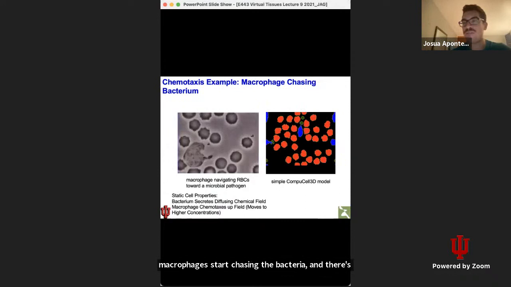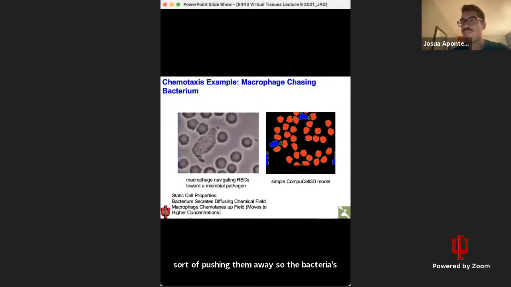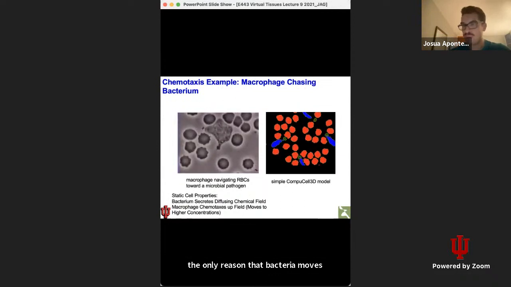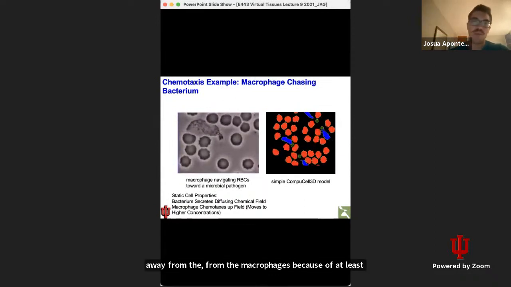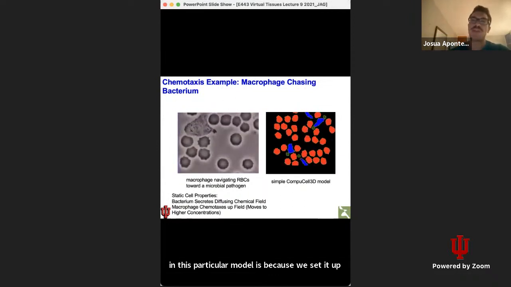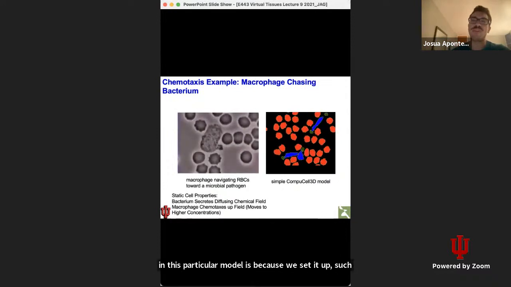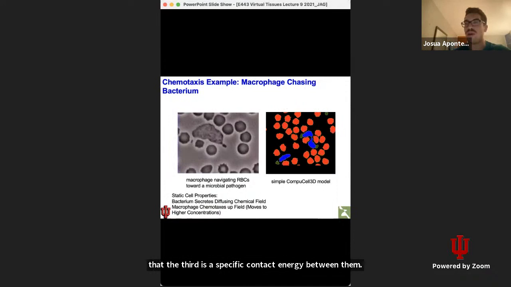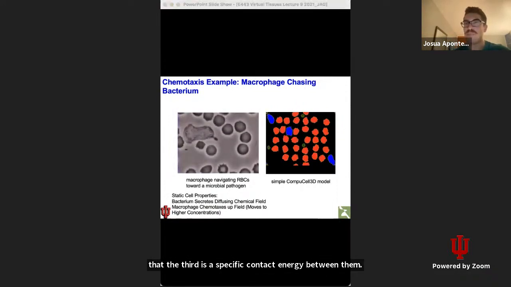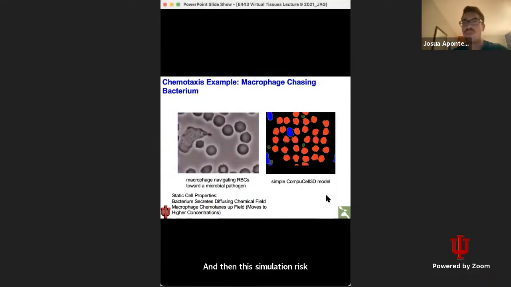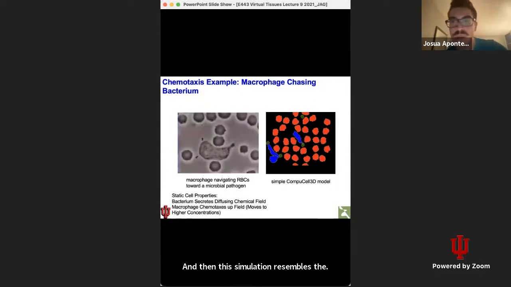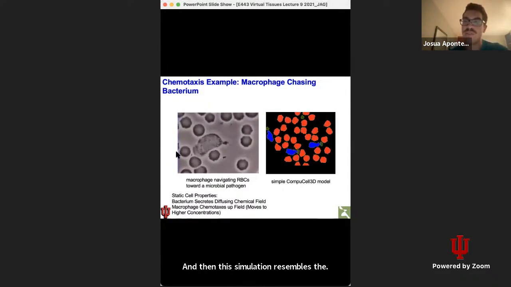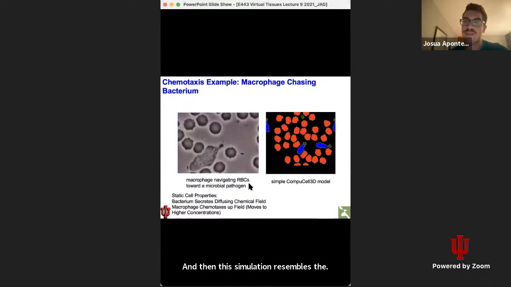The only reason the bacteria move away from the macrophage, at least in this particular model, is that we set it up such that there is a specific contact energy between them. And this simulation resembles the macrophage navigating in search of bacteria.